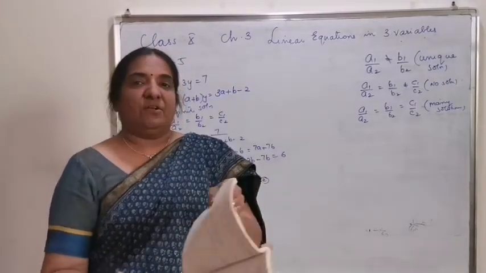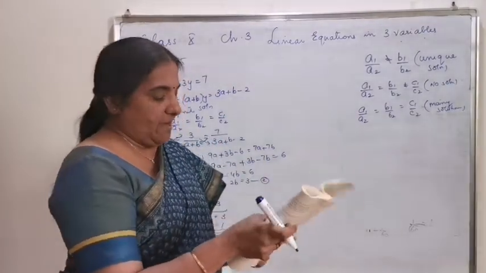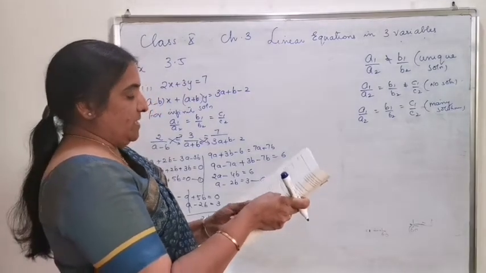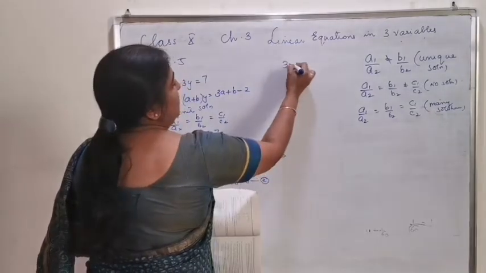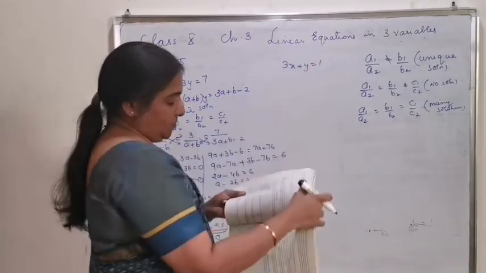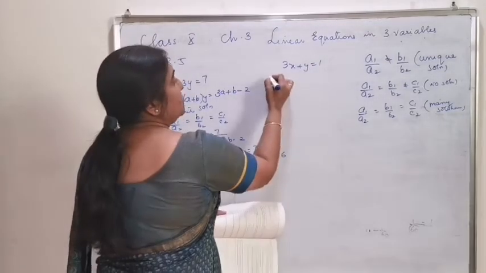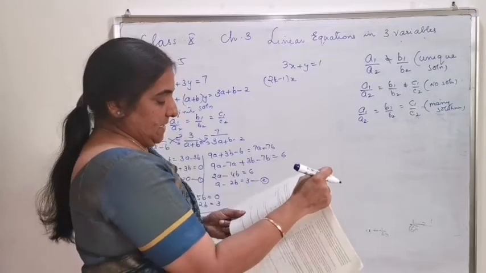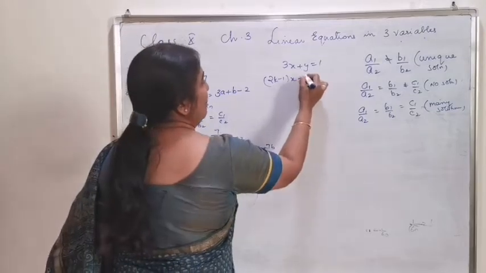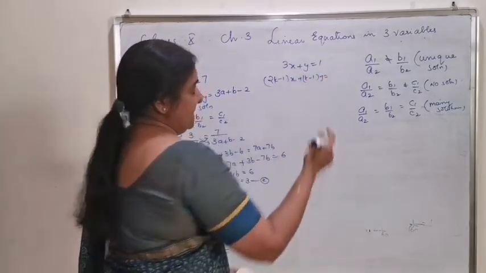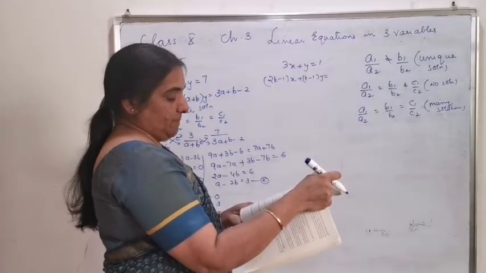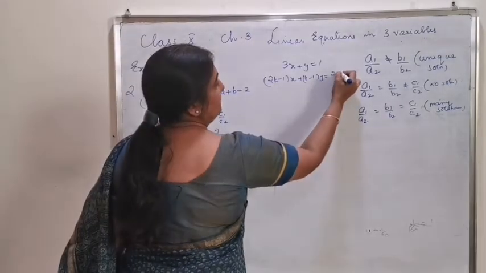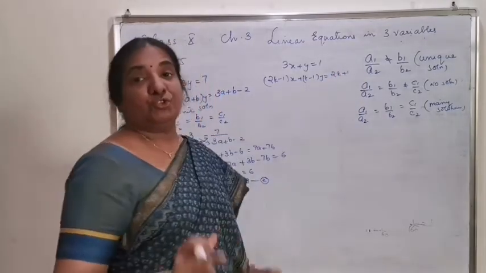The next question: for what value of k will the pair of linear equations 3x plus y equal to 1 and 2k minus 1 of x plus k minus 1 of y is equal to 2k plus 1 have no solution?